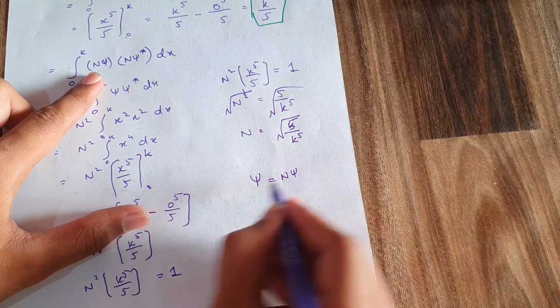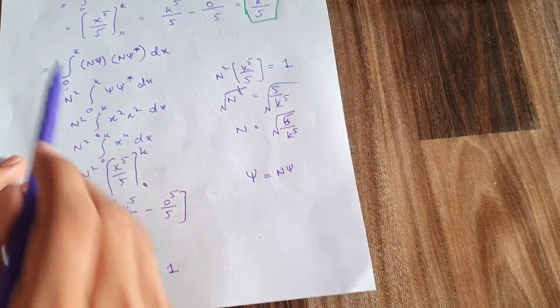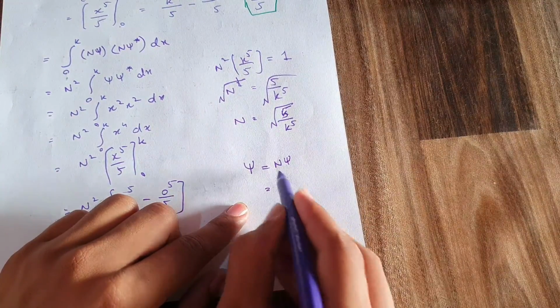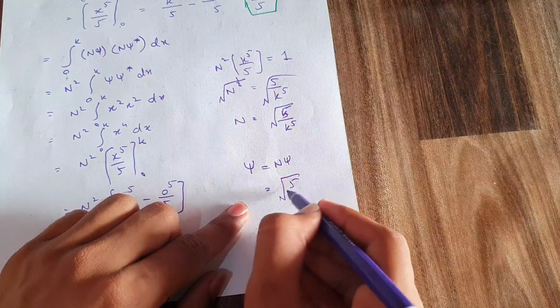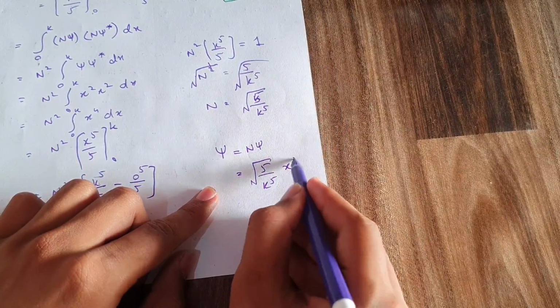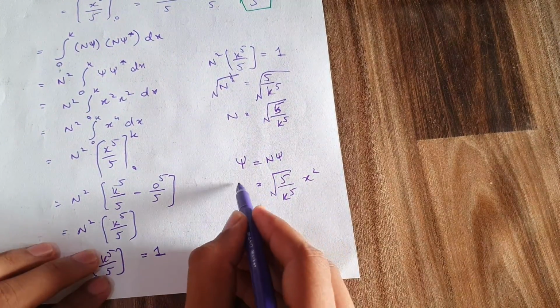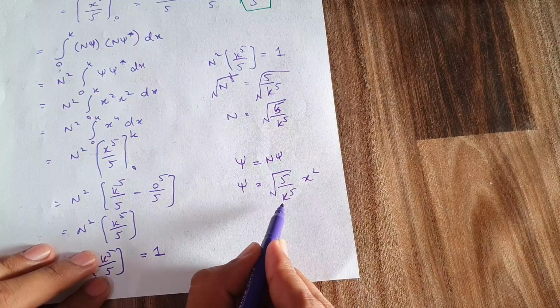This n is the square root of 5 divided by k^5, and the wave function is x squared. So this is my normalized wave function.